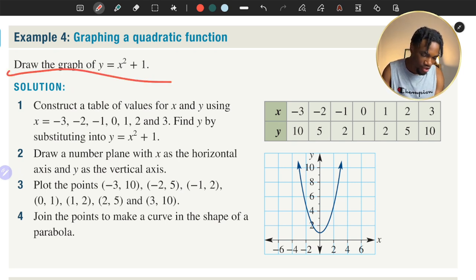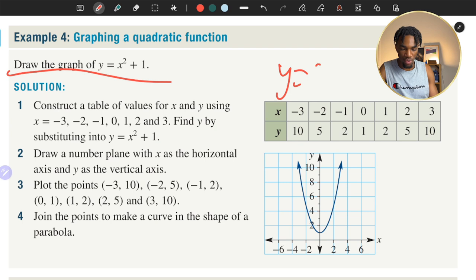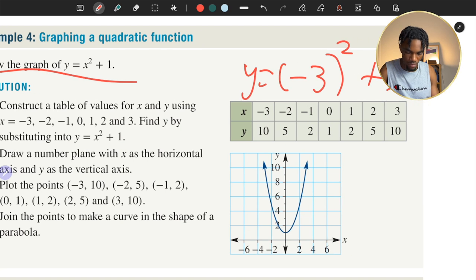Draw the graph y equals x squared plus 1. Just sub in x for each of these. So, for example, y equals (-3) to the power of 2 plus 1 equals 10.